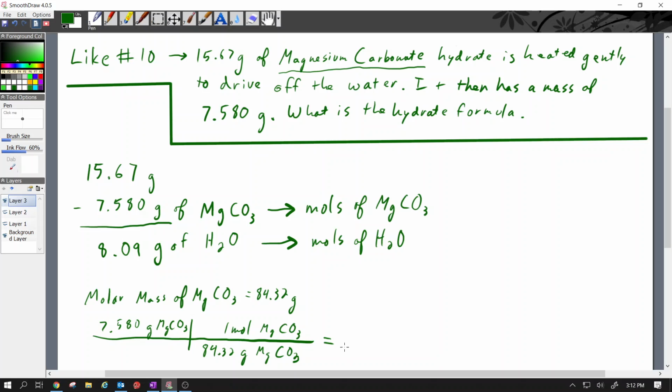And that's going to come out to be 0.0, well, it would be 0.09. Oh no, we need 4 on this one. Okay, 0.0899 moles.